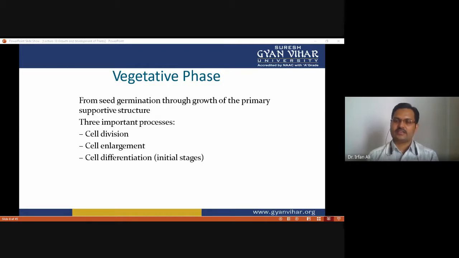Initially there are similar kinds of cells, but after differentiation, some cells form root tissue, some cells form shoot tissue, and again with differentiation, some cells form leaves. So these are the three important processes that occur in the vegetative phase.